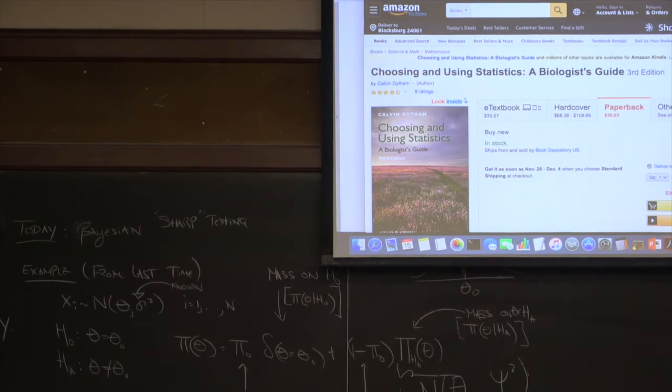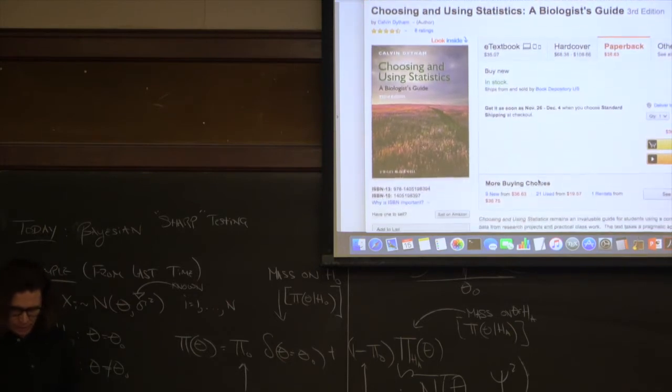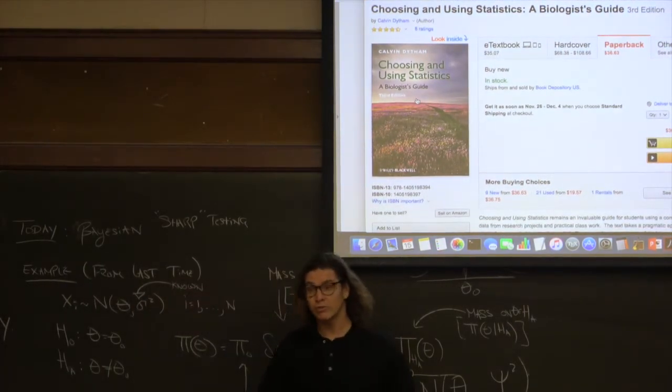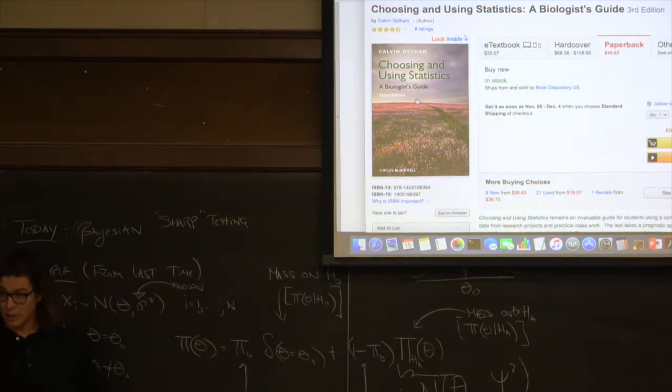Calvin Dytham is a biologist. He's a professor at York University. And he wrote a book on statistics. We see a lot of people out there peddling statistics and statistical analyses in fields other than statistics. So good on Calvin for taking all this knowledge and reaching out.